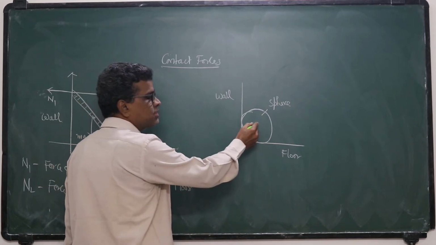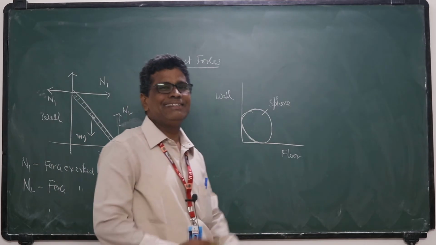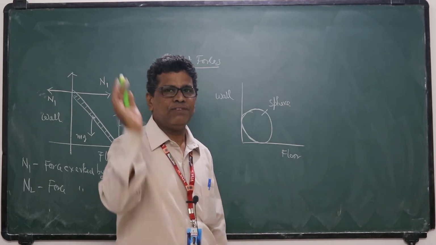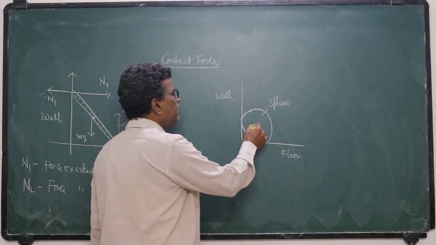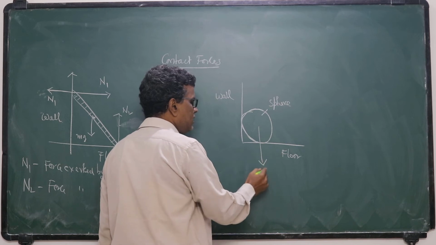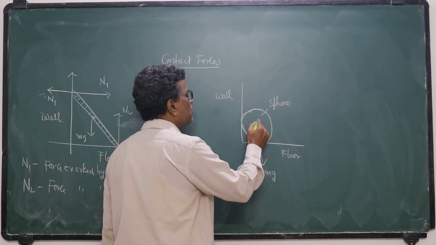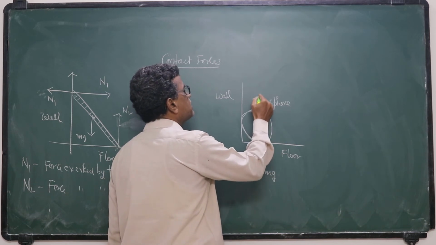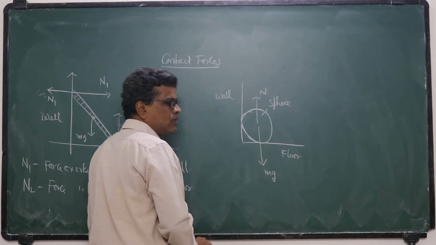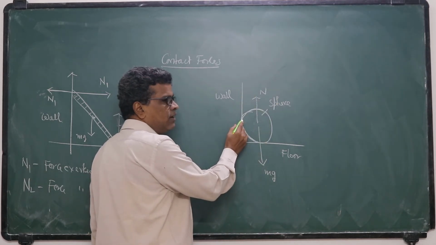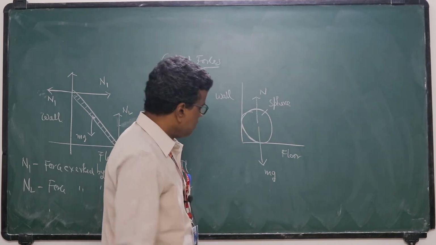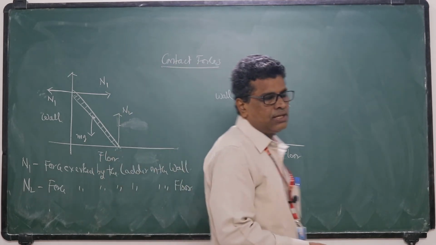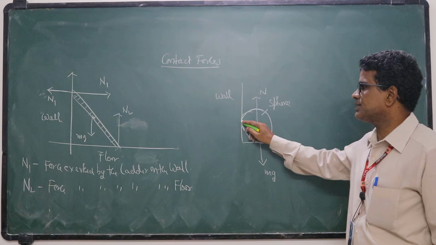That means the sphere does not exert any force on the wall. So the entire weight of the sphere acts vertically downwards, and it exerts a normal reaction in this direction. Here it is in contact with the wall, but there is no normal reaction here.